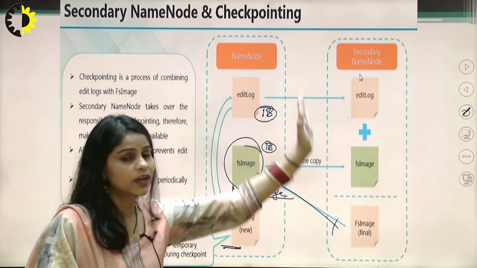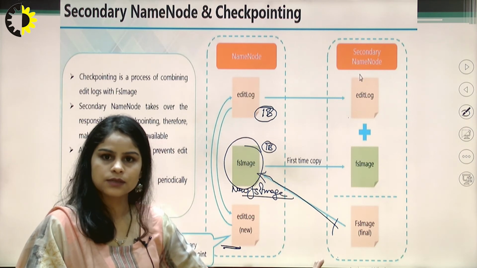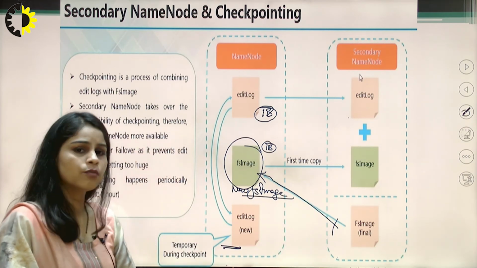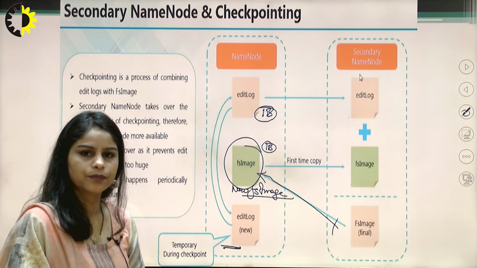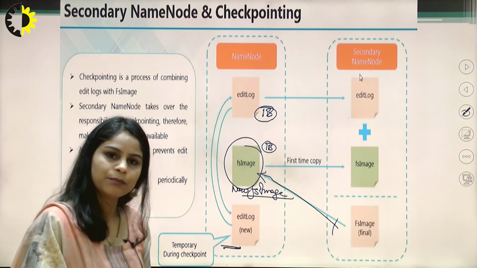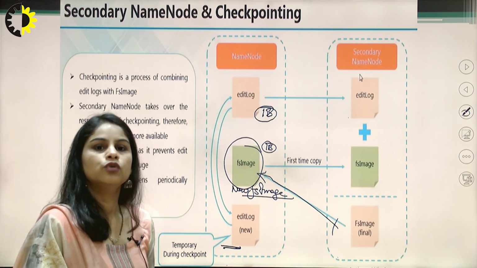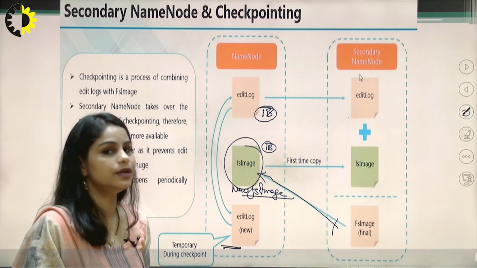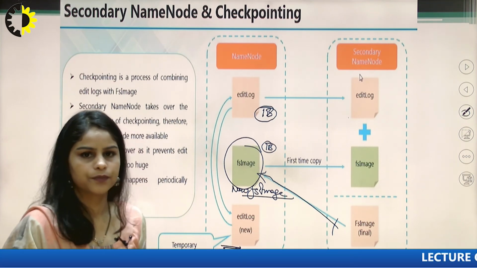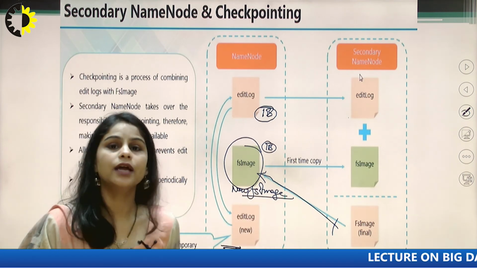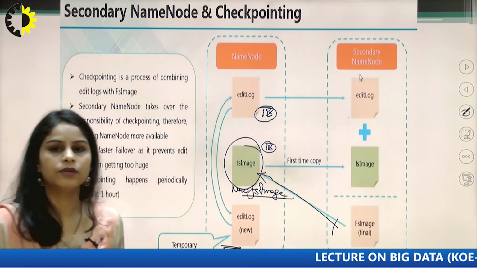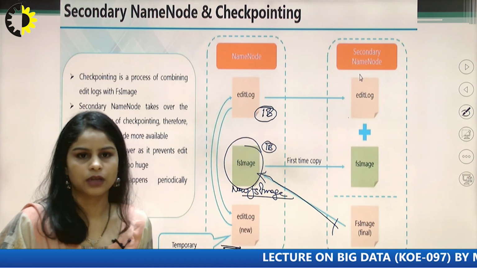As soon as we complete the check pointing process, we will remove this edit log copy from here. Right? So it is a temporary copy to secure the changes that have been done in the edit log. So this is how the entire check pointing process goes on in the secondary name node.